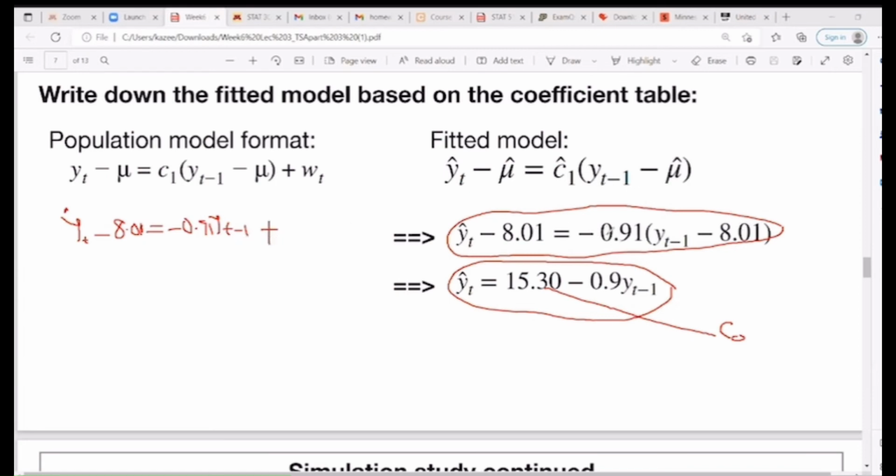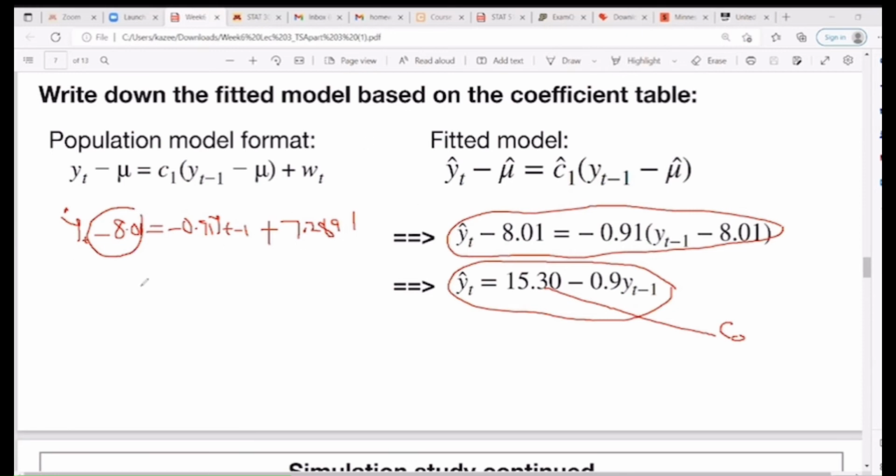All you need to do is, let me use my calculator, 0.91 times 8.01. That would be 7 point 2.891, right?